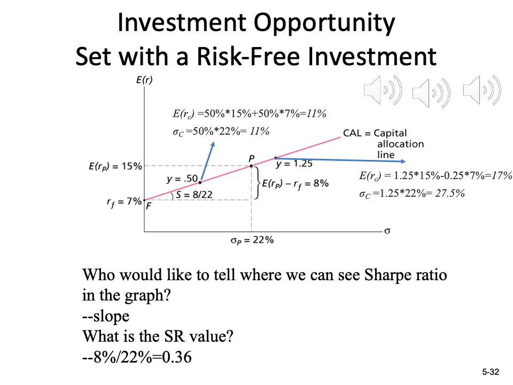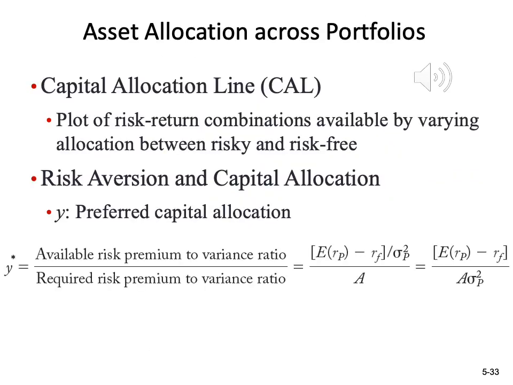The capital allocation line is like a budget line for all the investors. Each individual investor will pick a combination of risky and risk-free assets on the capital allocation line. So what is the optimal combination of risky and risk-free asset for each individual investor?